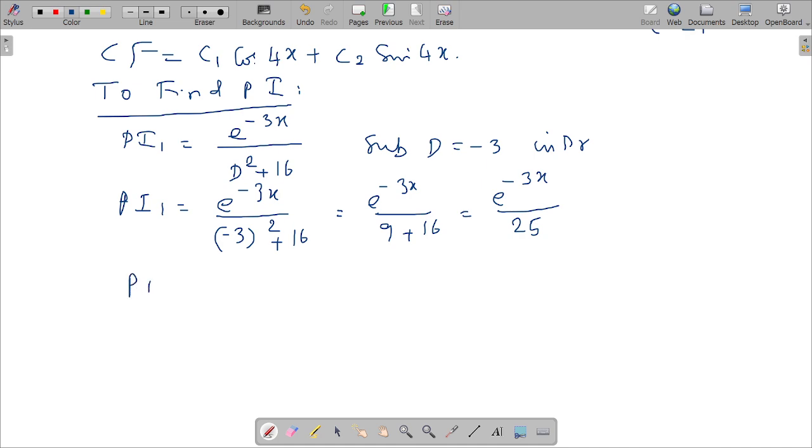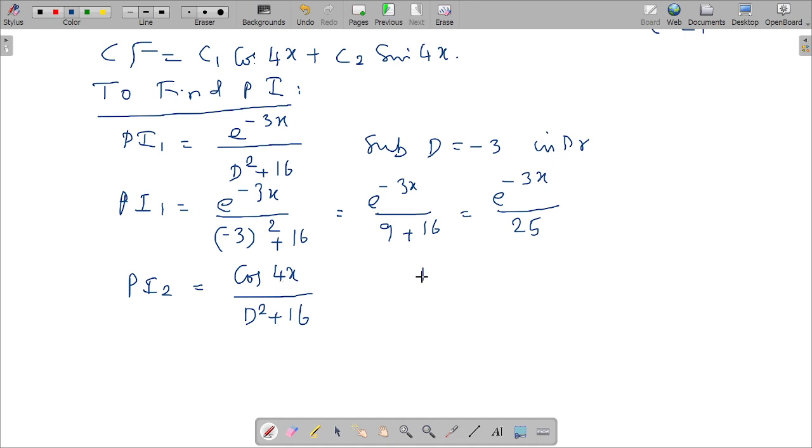Particular integral 2. Right hand side is cos 4x, left hand side is D square plus 16. What do we need to substitute in the denominator? For trigonometric, we substitute D square equal to minus a square. It is in the format of cos ax where a equal to 4.